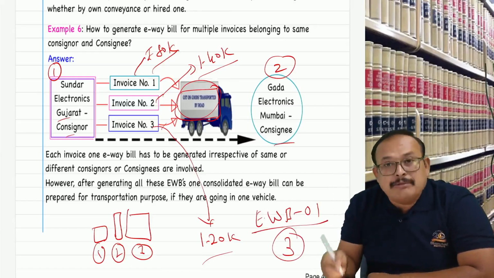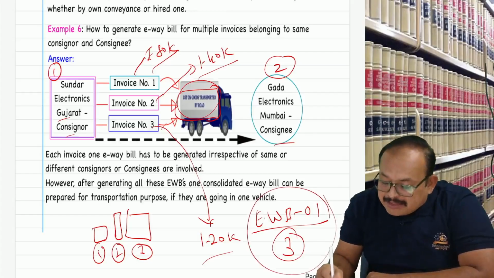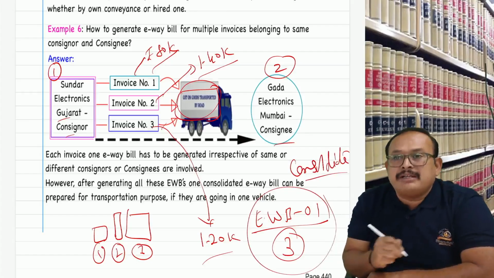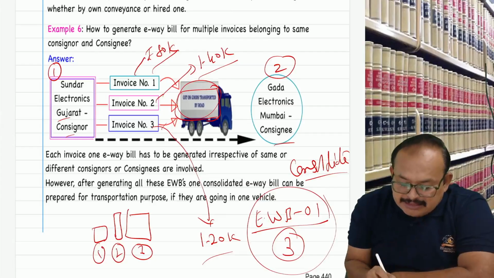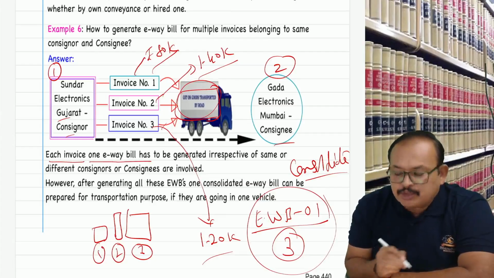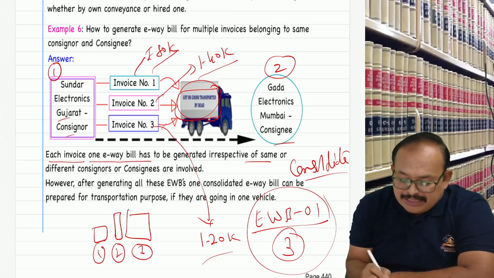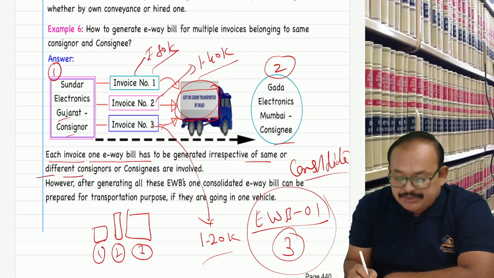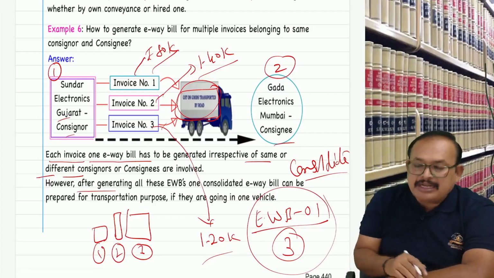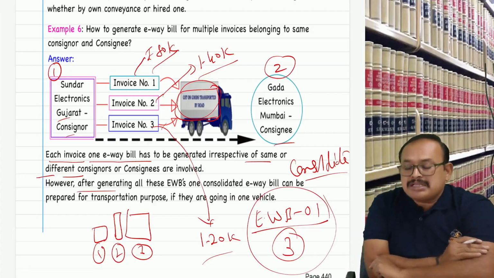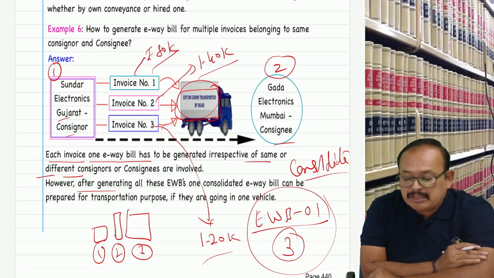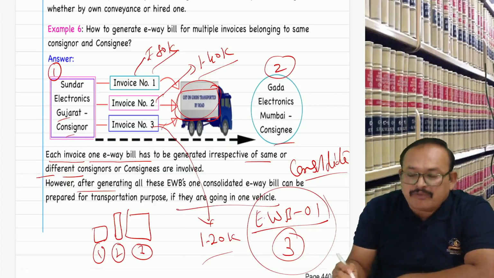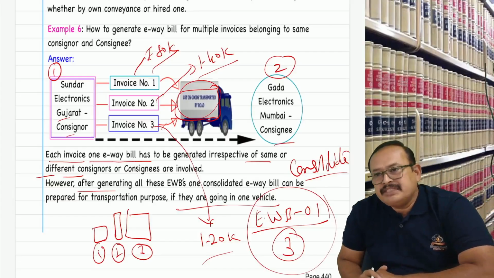And all 3 EWB-01s can be merged into one basket called a consolidated e-way bill. Get my point, sir? The law says for each invoice, one e-way bill has to be generated, irrespective of the same or different consignors or consignees. However, after generating all the EWB-01s, one consolidated e-way bill can be prepared for transportation purposes if they are going in one particular vehicle. Is that clear, sir?